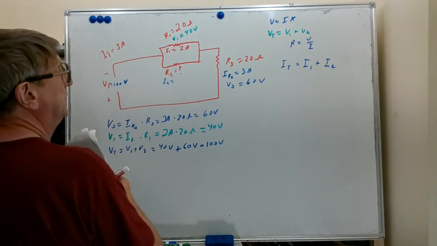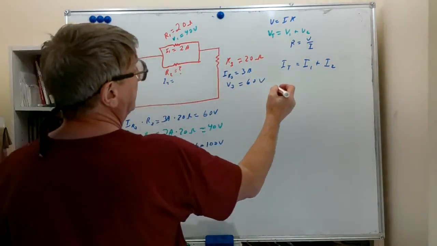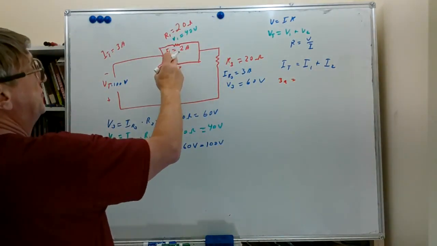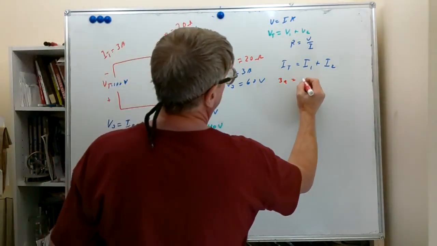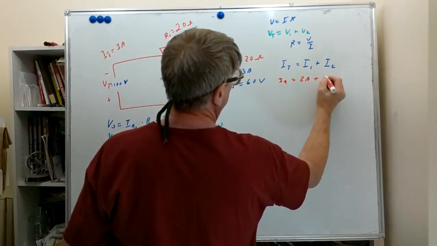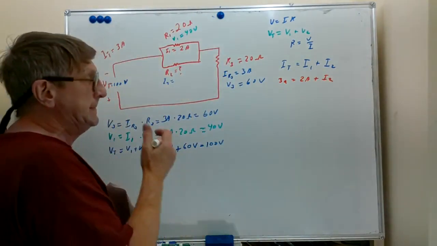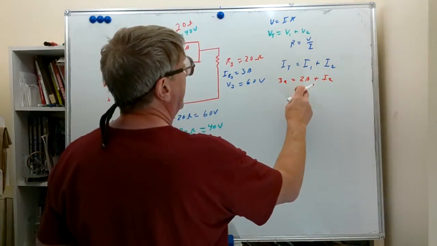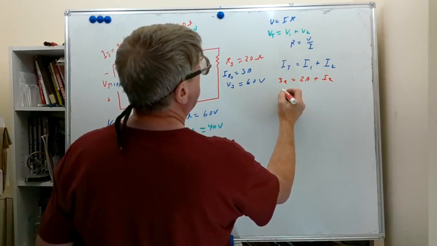IT was given to us, 3 amps. I1 was also given to us, which was 2 amps. So 3 amps equals 2 amps plus I2. Well, as always, same thing to both sides of the equation. Subtract 2 amps, subtract 2 amps. 3 amps minus 2 amps.